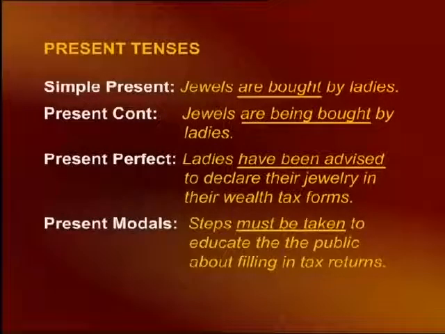Present perfect: ladies have been advised to declare their jewelry in their wealth tax forms. And the use of modals: steps must be taken to educate the public about filling up tax forms.